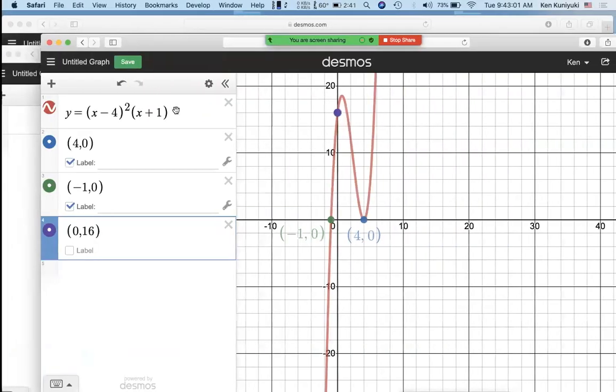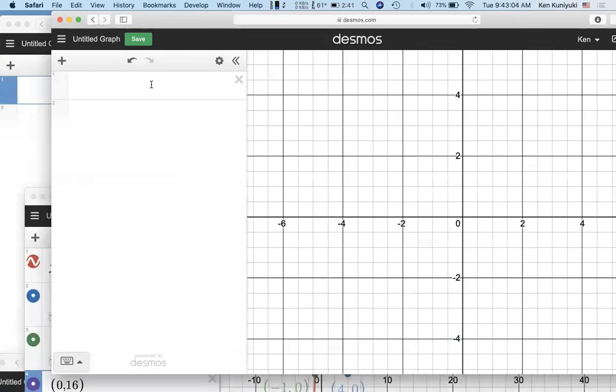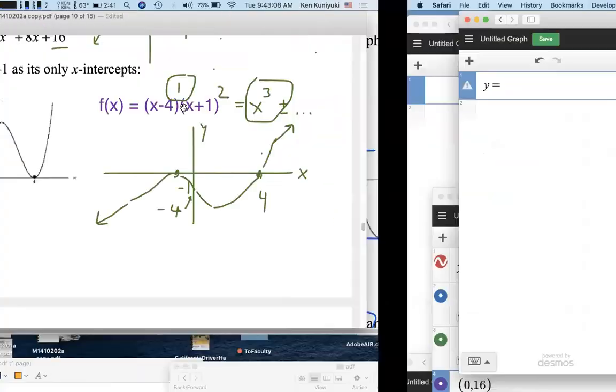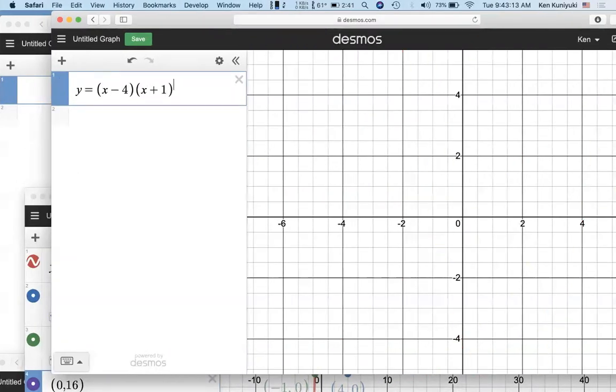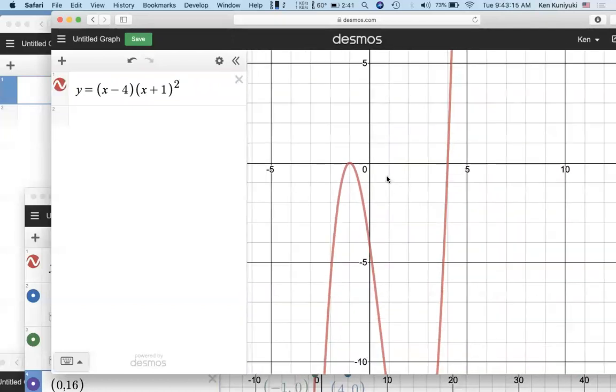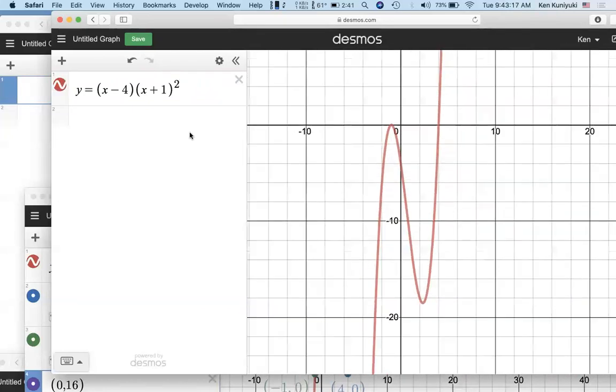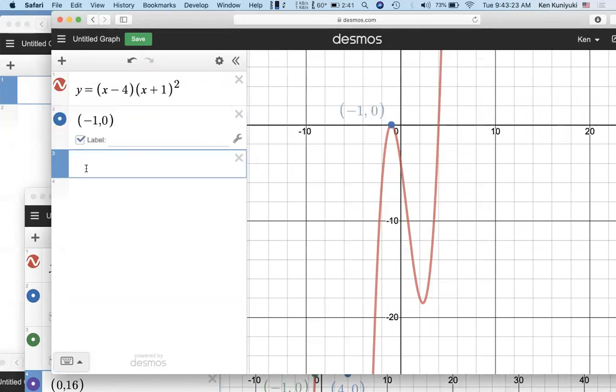And lo and behold, let's graph that. Y equals x minus 4 times x plus 1, and that's squared. Yes, we have a rising snake overall. We go up to the point -1, 0. We bounce. We have the y-intercept at 0, -4.